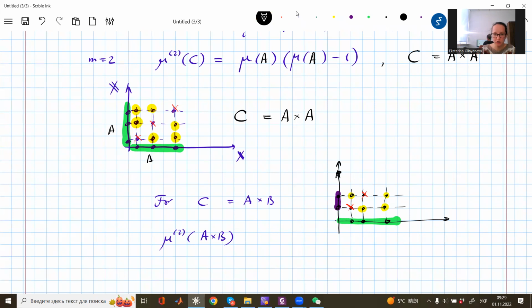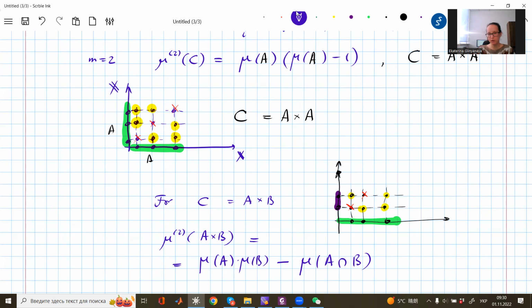You can check that this is just a measure of A times measure of B. So I take just all points count and minus, what should I minus? The measure of intersection. So how many points do we have on a diagonal?